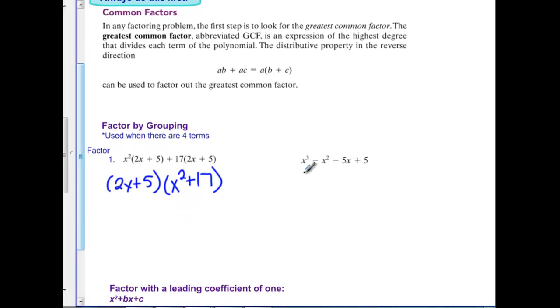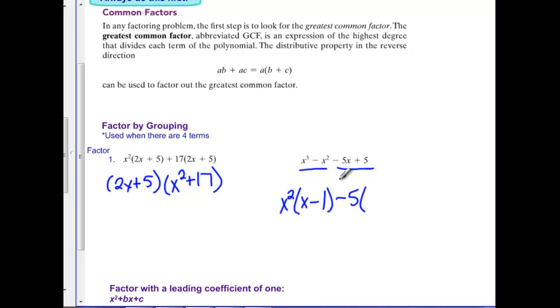Factoring by grouping is whenever you have 4 terms. You're going to look at them 2 at a time. x cubed minus x squared. What's in common with those two things? x squared will come out, leaves me with x minus. Perfect. Keep this sign. So minus, we're going to be pulling out a negative. But between 5x and 5, what's in common? Yep, so we're pulling out negative 5.